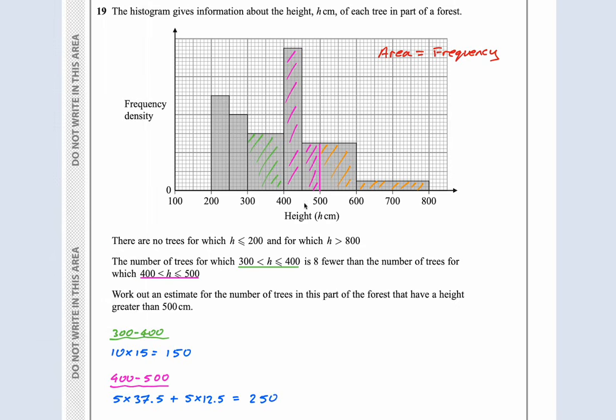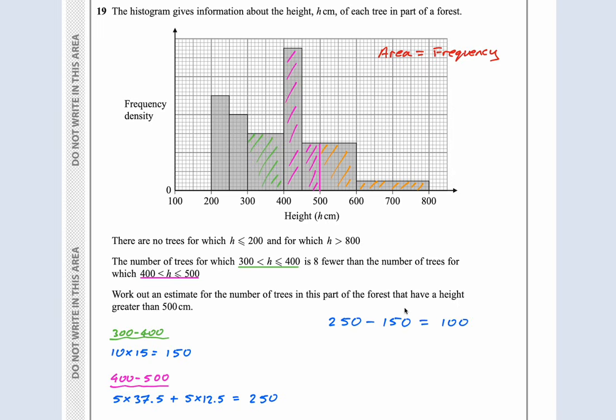Okay, now he says the amount of trees in the green is 8 less than the pink trees. We know the area of the pink is 250, and the area of the green is 150, so 250 minus 150 is 100.